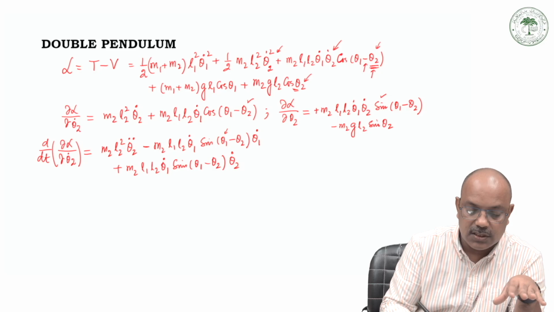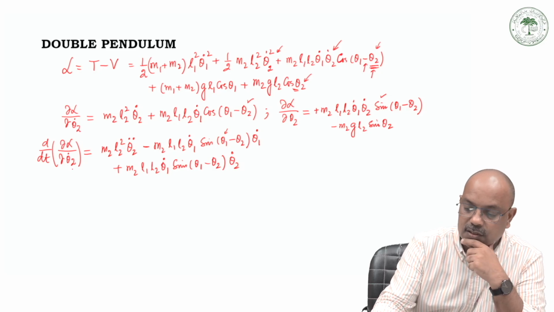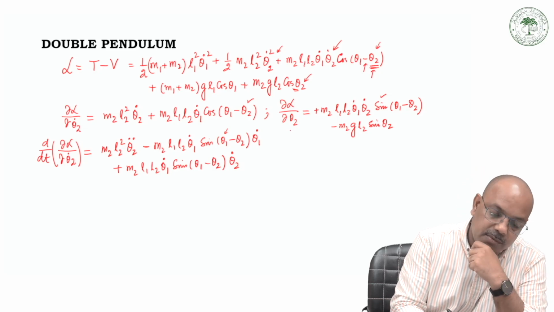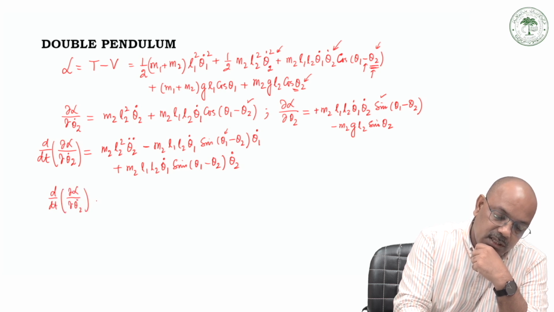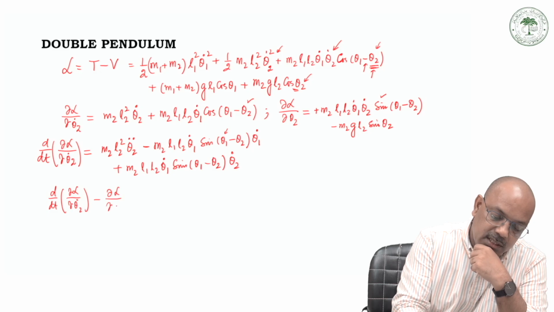So this is for d/dt of dL by d theta 2 dot, and this is for the other. I'm going to put it into the Lagrange equation, that is d/dt of dL by d theta 2 dot minus dL by d theta 2, and this is going to be 0.